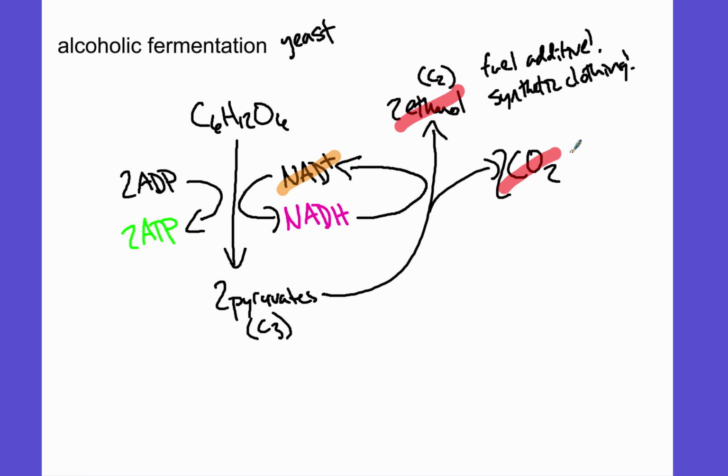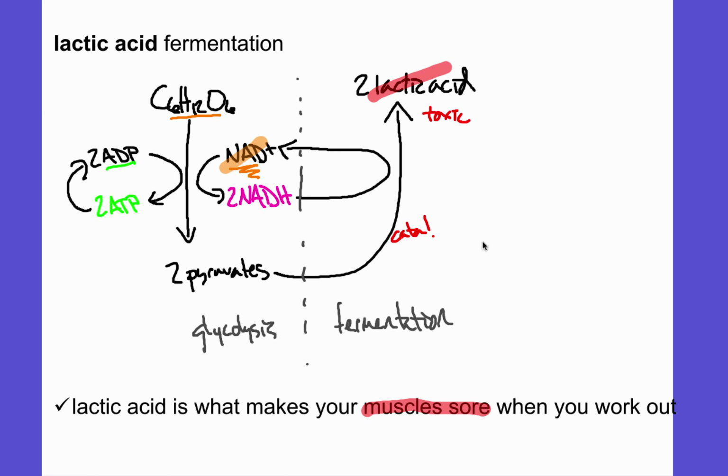And it's this carbon dioxide gas that creates the bubbles that make that bread dough rise. All right, so those are our 2 pictures. That's all you really need. Make sure you know the context, why we would talk about this alcoholic fermentation. Otherwise, lactic acid fermentation happens in your cells.